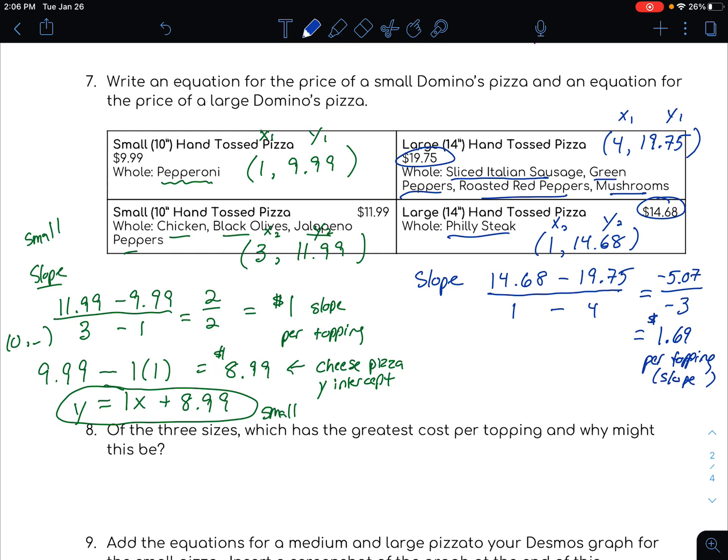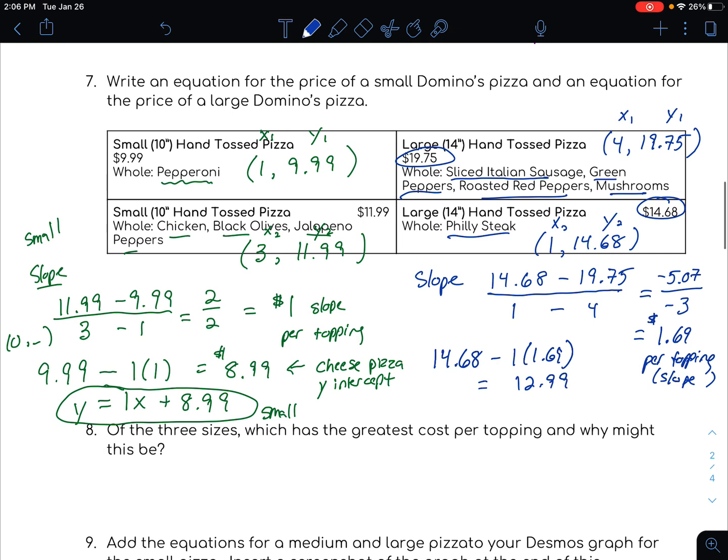And let's figure out what our y-intercept would be. So if one topping was $14.68, and if we subtract off just $1.69, because that's how much one topping costs, that leaves us with $12.99.